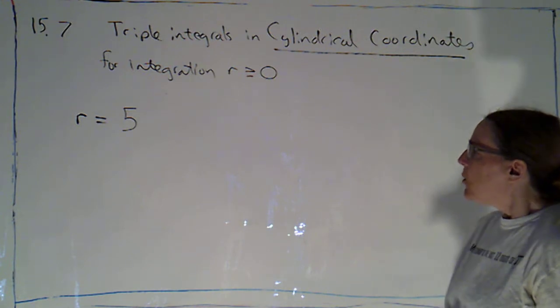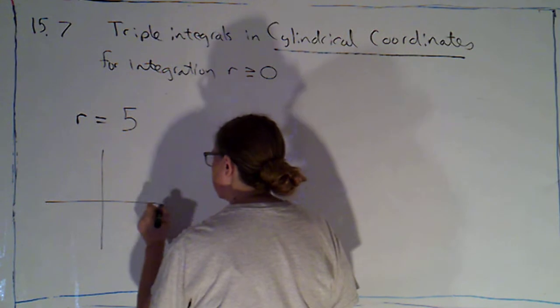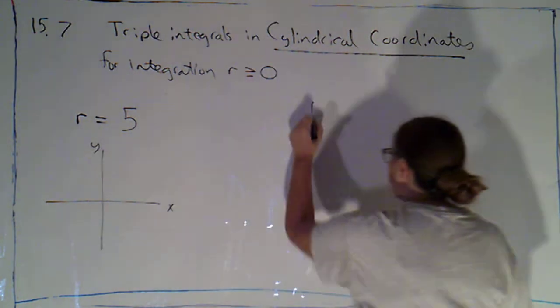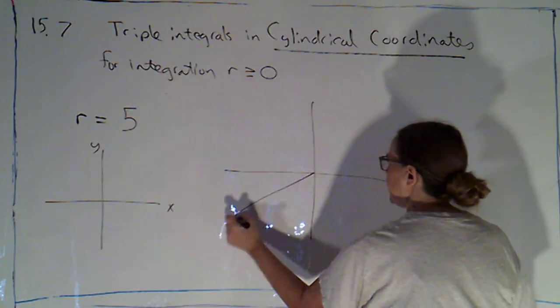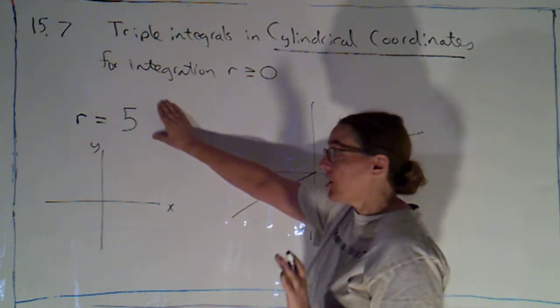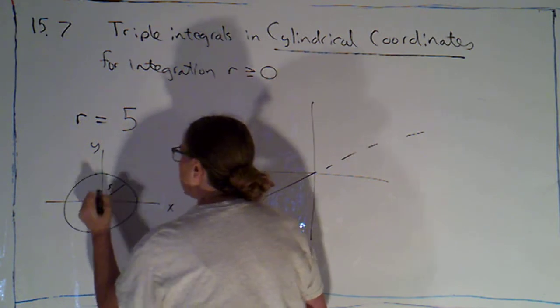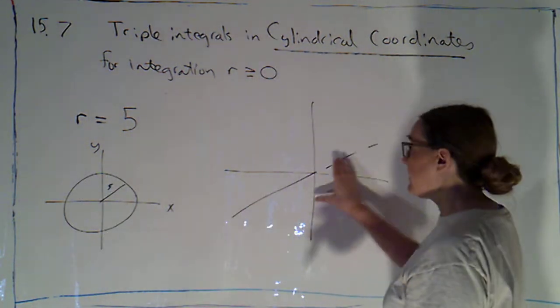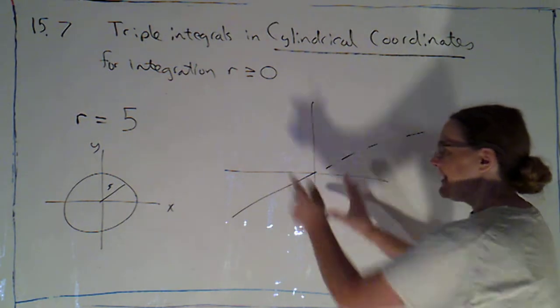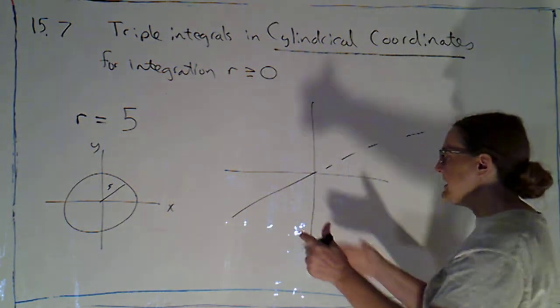Okay. I'm going to first of all draw that in 2 space, in the xy plane, and then I'll draw that in 3 space. So, viewing this as just a polar equation, r equals 5 would just be a circle of radius 5. Now, in cylindrical coordinates, this equation doesn't put any restrictions on what z can be.